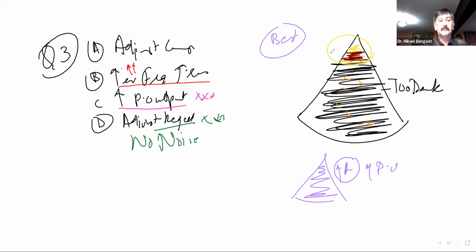even bigger, right? Okay. And if you had an option that says reduce the frequency of the transducer, that could have been an option, because then that reduced frequency will enable the sound wave to travel to greater depths.